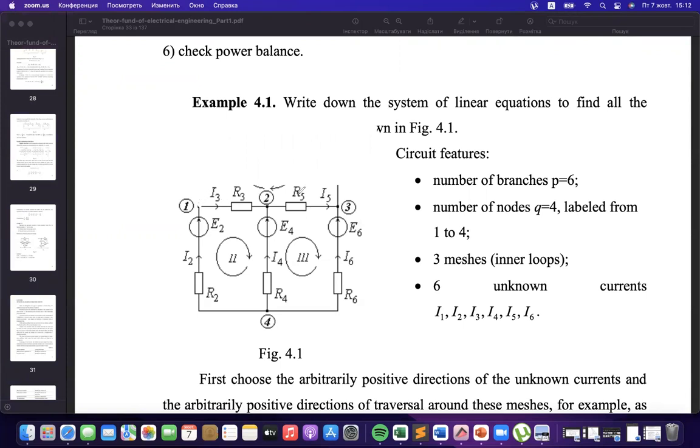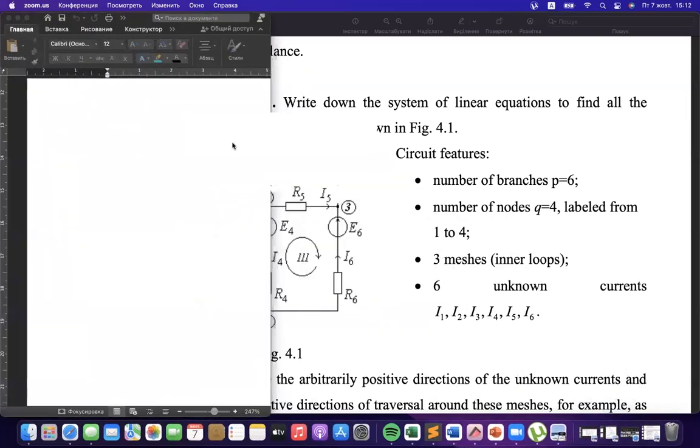Let's assume that we have such a type of circuit with two meshes, as you see. Two meshes, a couple of sources, a couple of consumers, and we want to solve it.